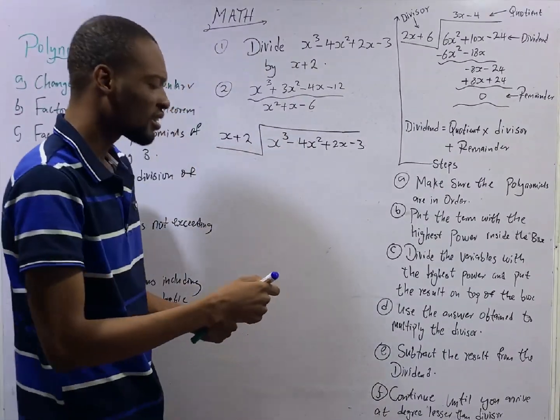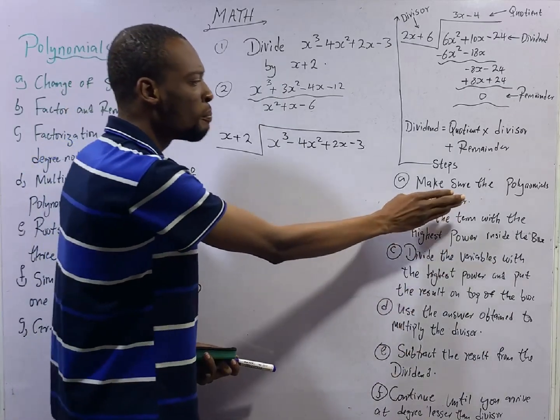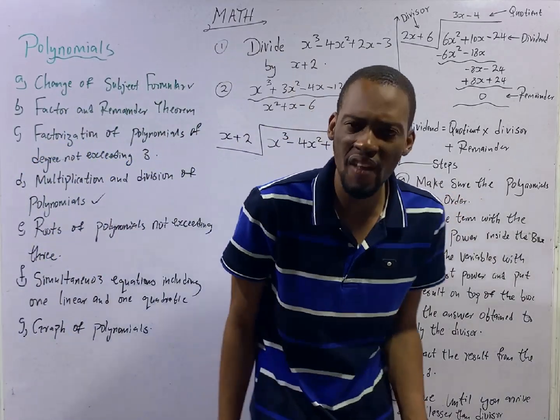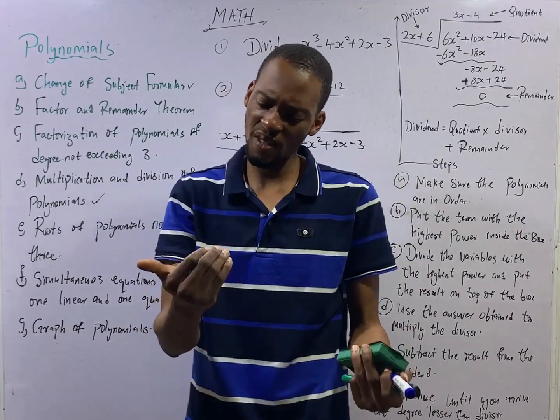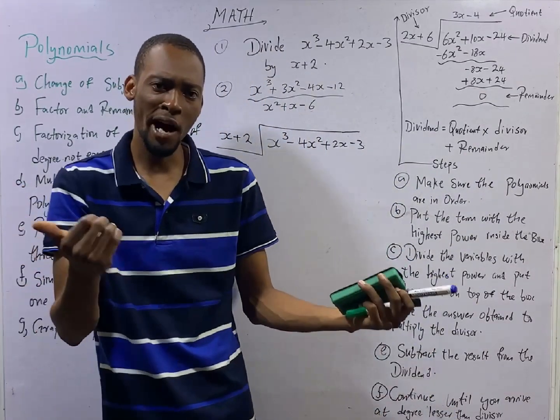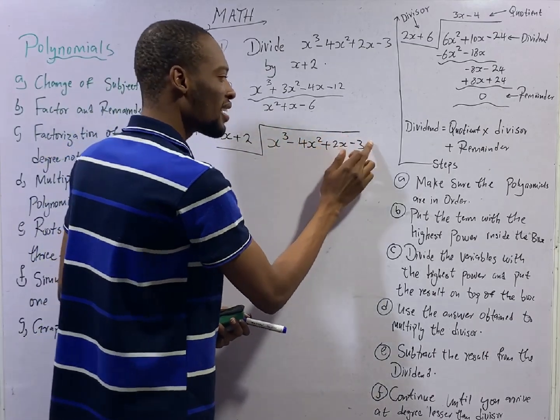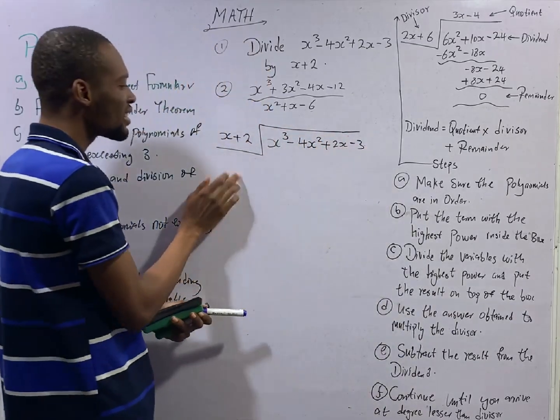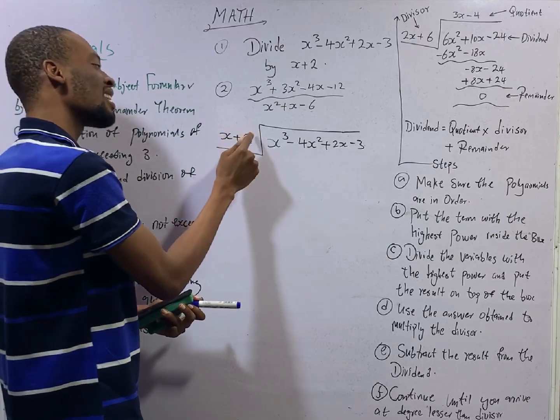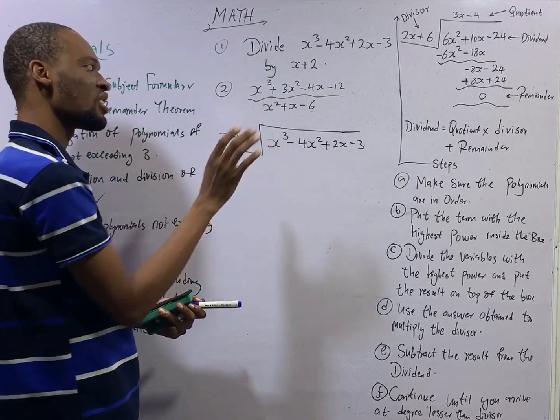All this being said, step 1: make sure the polynomials are in order, which means either ascending or descending power of variables. In this case, s raised to the power of 1, s raised to the power of 0, it is in order.